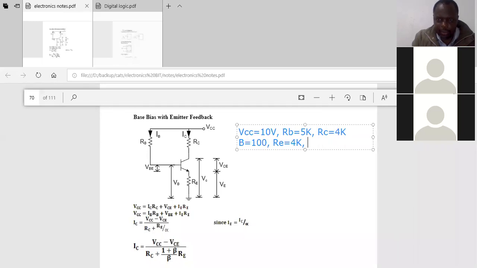Who can remember what you had put down for RE? What I recorded is 4 kilo ohms, unless somebody had a different figure. Was it a 1 kilo ohm somewhere or 2 kilo ohm?